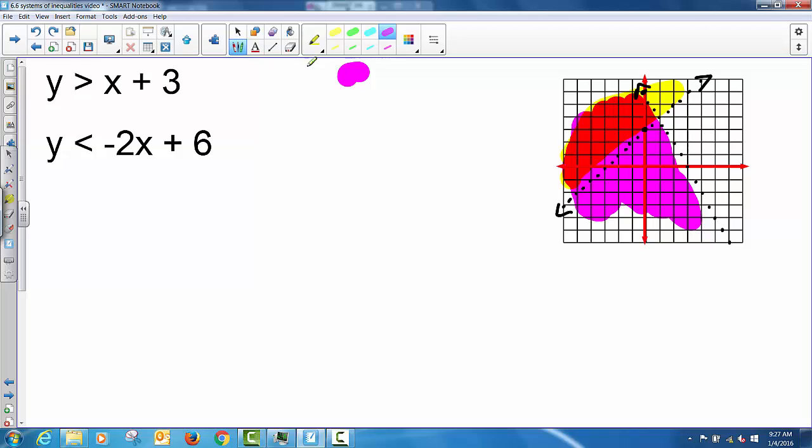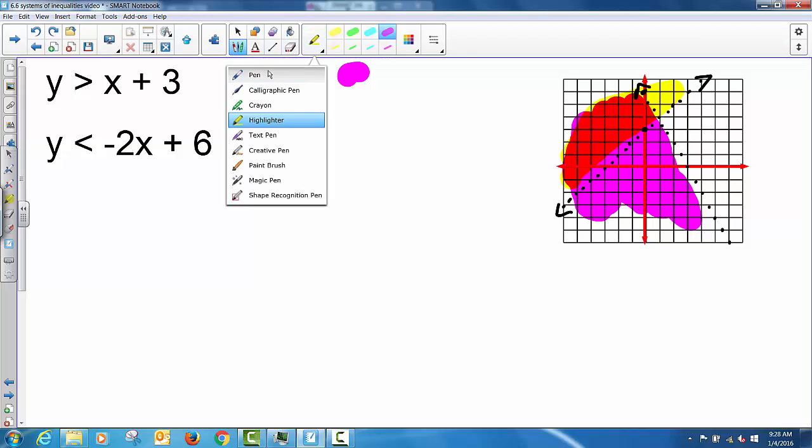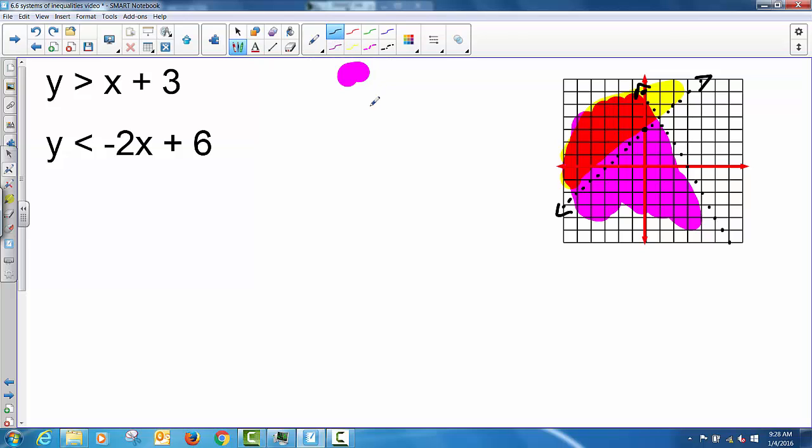Oh, got to get back to the pen. All right, negative 1 and positive 3. So we come over here and we go 3, which is the y, is greater than negative 1 plus 3. 3 is greater than 2.